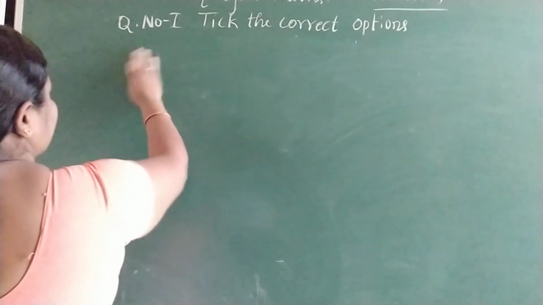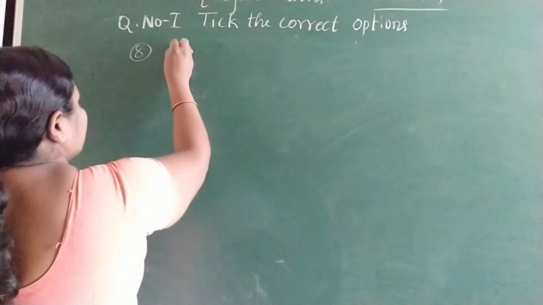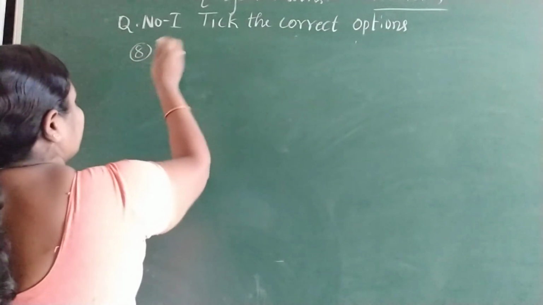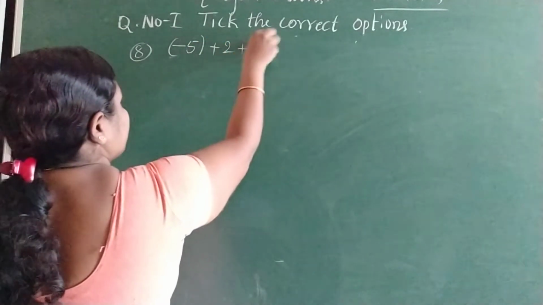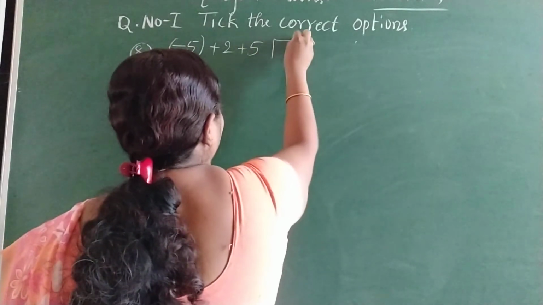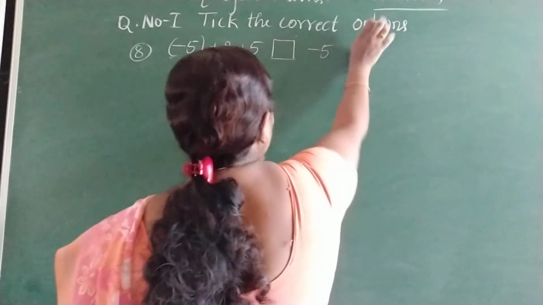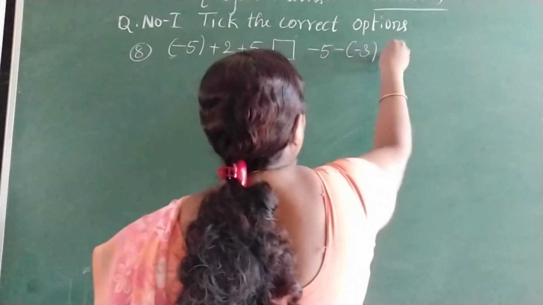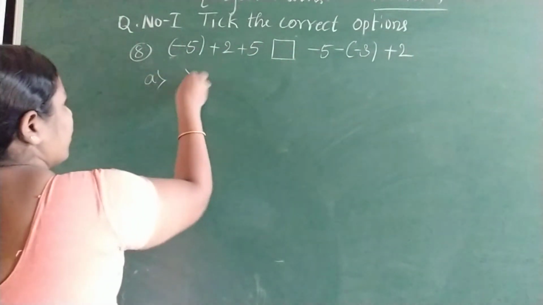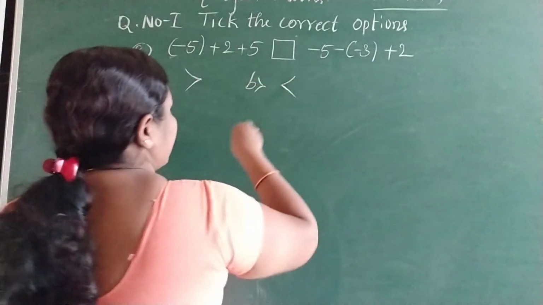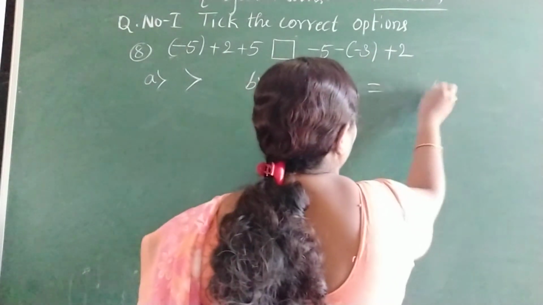Next, another question I'll take. 8. Minus 5 plus 2 plus 5, blank, minus 5 plus minus 3 plus 2. Option A greater than, B less than, C 0, D equal to.